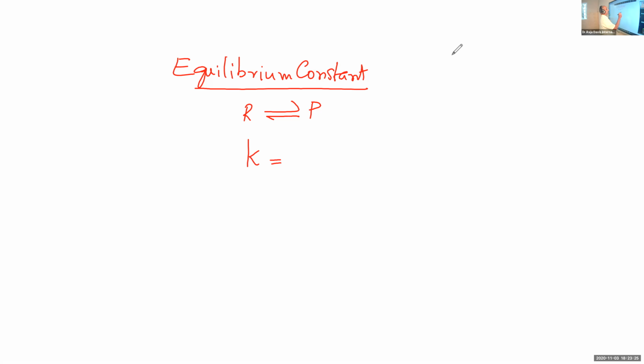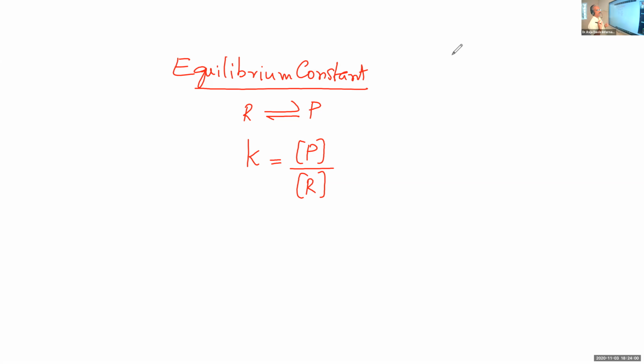So K is equal to the concentration of the product P, right hand side, at equilibrium, divided by the concentration of the reactant R at equilibrium. Square bracket P is the equilibrium concentration of the product, not the concentration at the beginning, not the concentration at the final stage. It is the concentration at equilibrium.